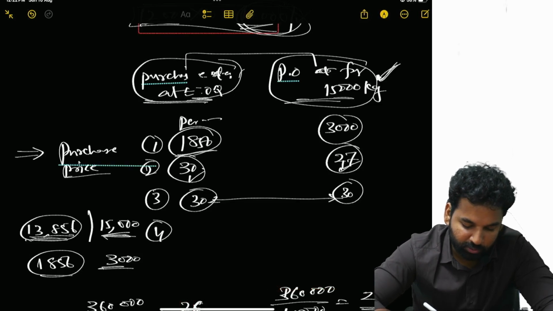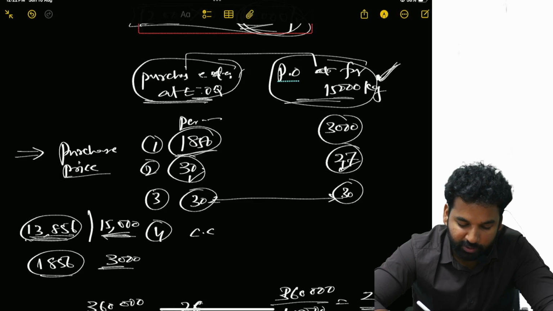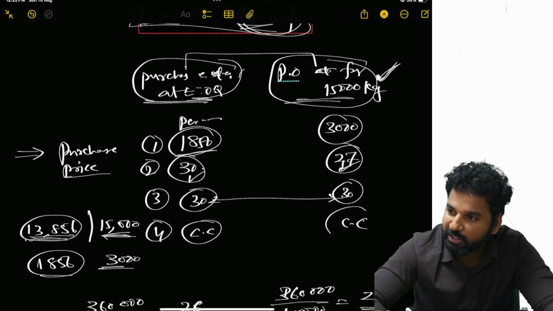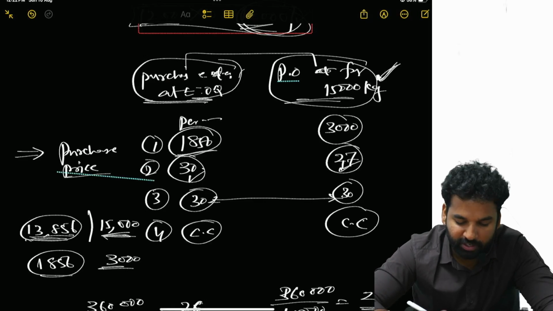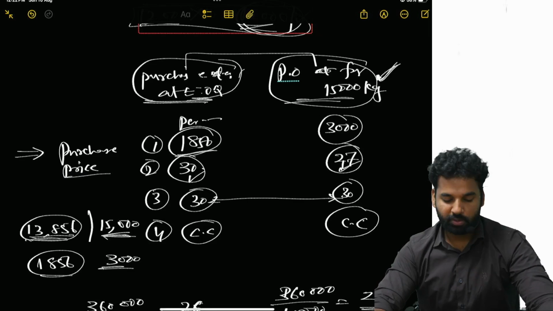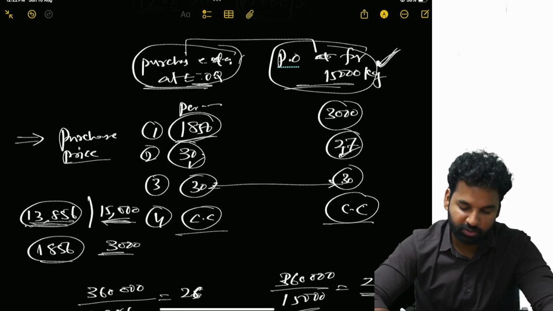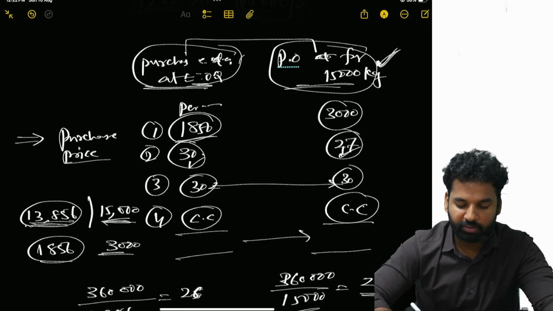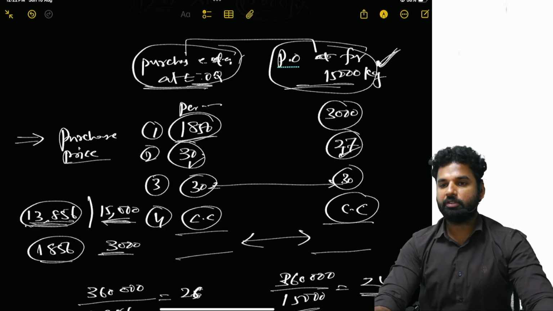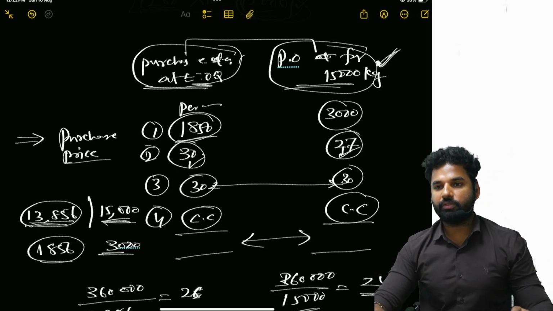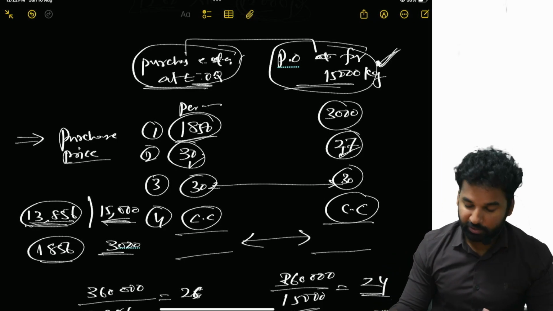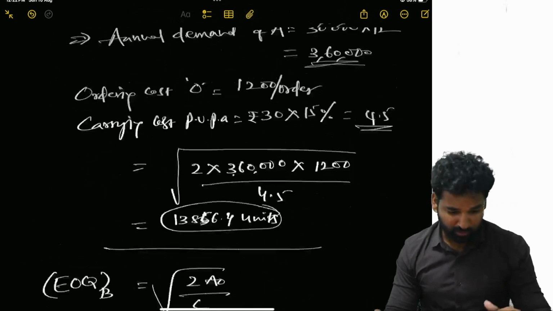And fourth, carrying cost is also different. Why? Purchase price is being changed, so carrying cost will change. So summation of this, you will get some value. Difference of these two, you will get as profit or loss. That is the thing you have to solve. Okay, we'll see.